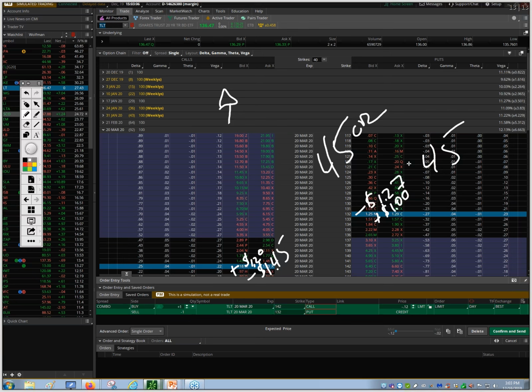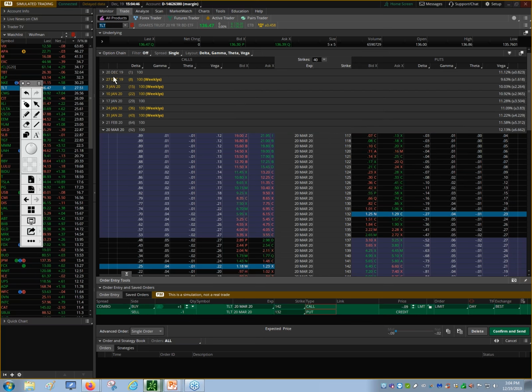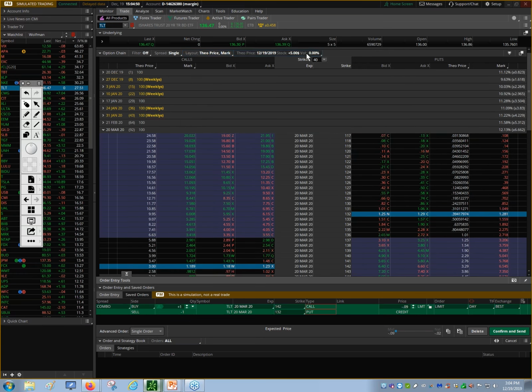But we can also go over here and look at this. This might be an easier way to do it. Let's just go over to theoretical mark and change that. Let's just reset it so we can look at it this way too. Let's just say the stock price adjusts by $1, so it goes up by $1. We can see that, corresponding, we said that these strikes were the 142s. They increased by that 20 some odd cents.